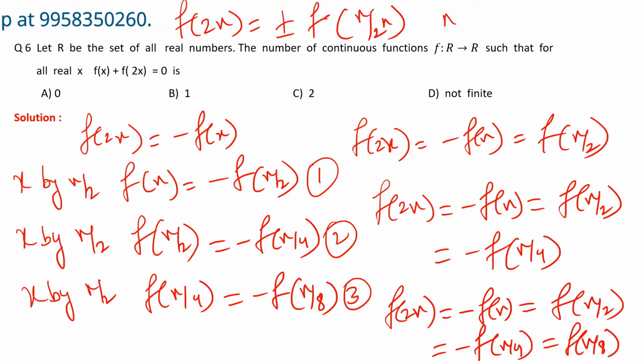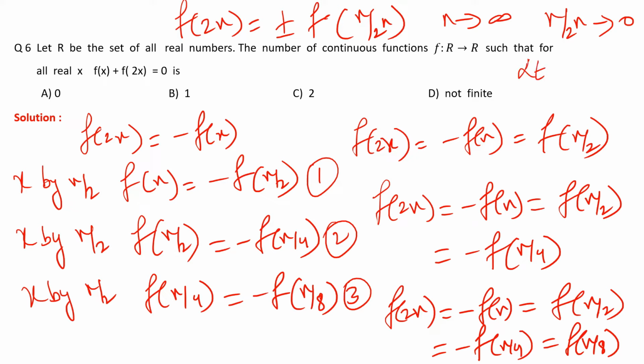Now when n is approaching infinity, that means n becomes very large, then in that case x upon 2 to the power n will definitely approach 0. If I call x upon 2 to the power n as y, then I can say, since this function is continuous at every point, that means limit of f of y as y tends to 0 will become f of 0.